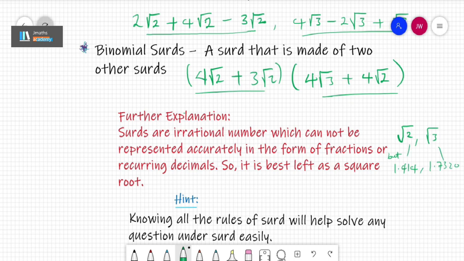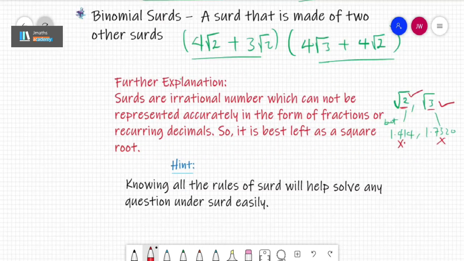So this is wrong according to surd, but this is correct according to surd. So your answers should be left in surd form, and your solutions must be treated in surd form and not decimals. Okay, that's quite easy about surd.